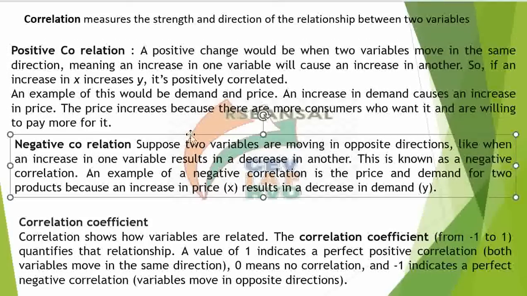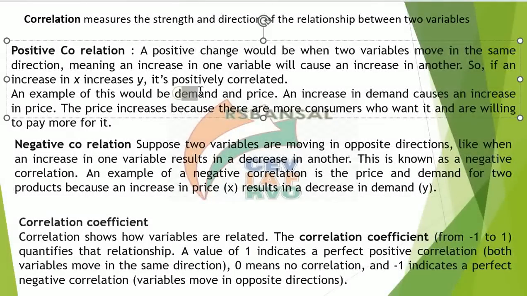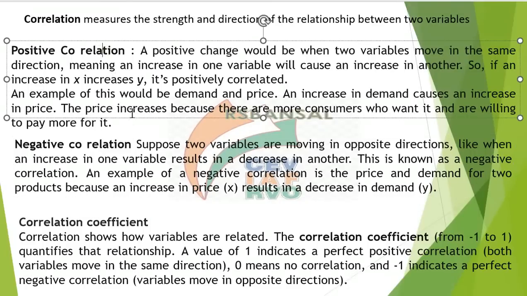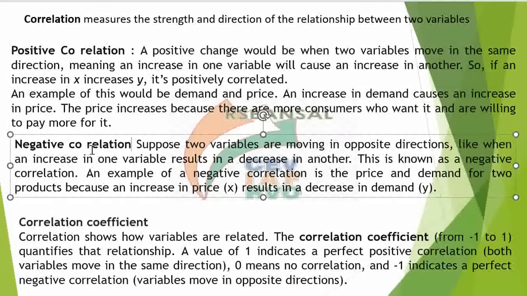An example of this would be demand and price. As the demand increases, the price of that commodity will also increase. So we will say that they are positively correlated to each other. Then negative correlation is the opposite of positive correlation. It means if one increases, the other one will decrease.